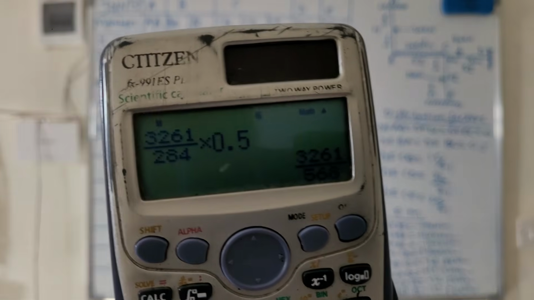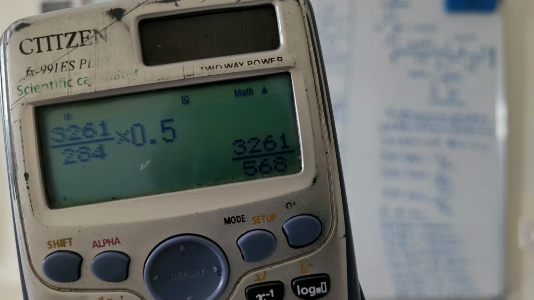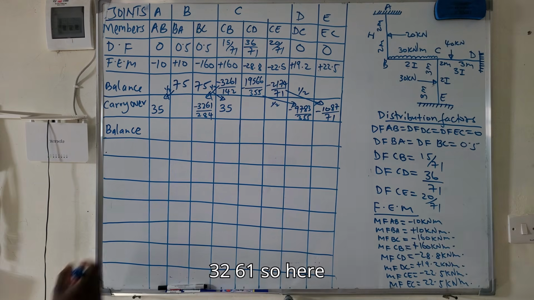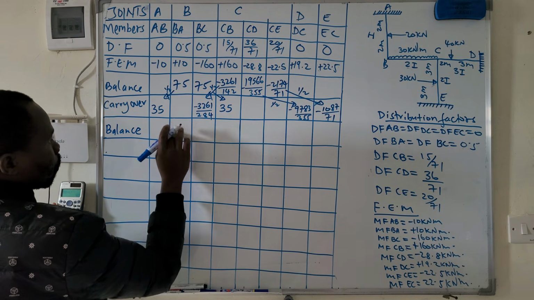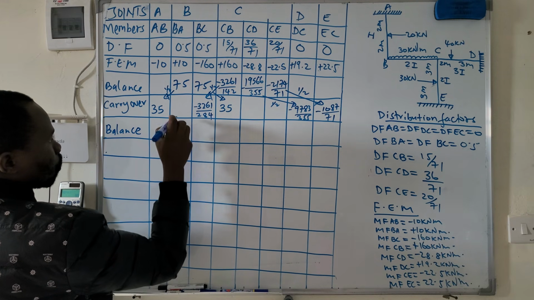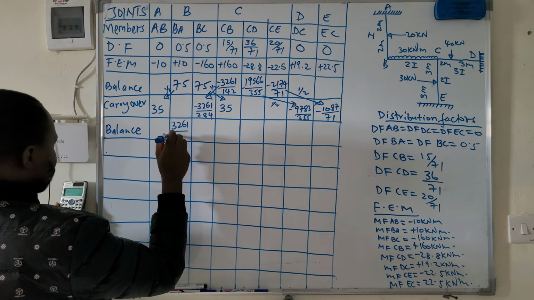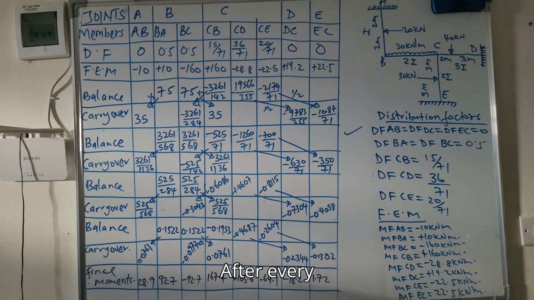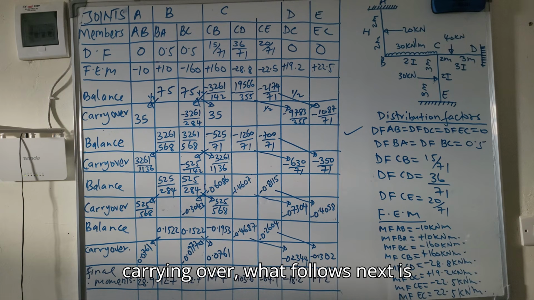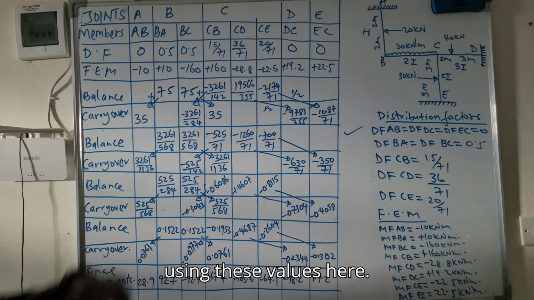I want to show you. That's 261. So here is 32.61 over 568. It will be the same to this. After every carrying over, what follows next is balancing. Now we will balance using these values here.